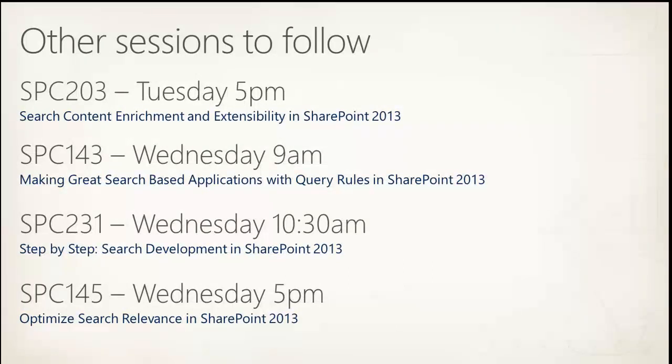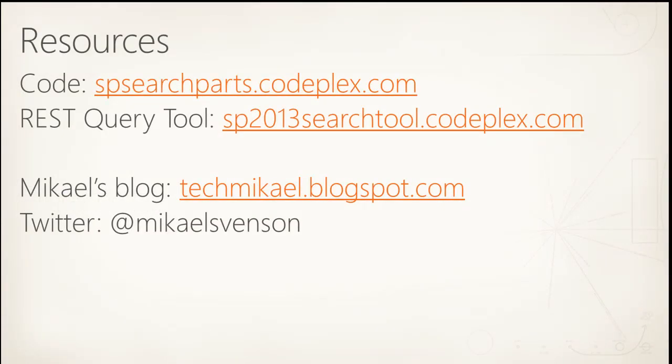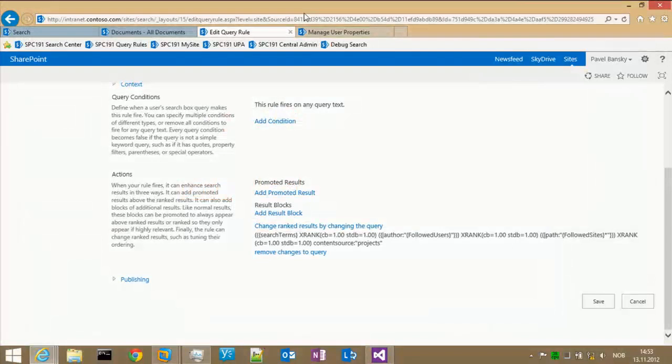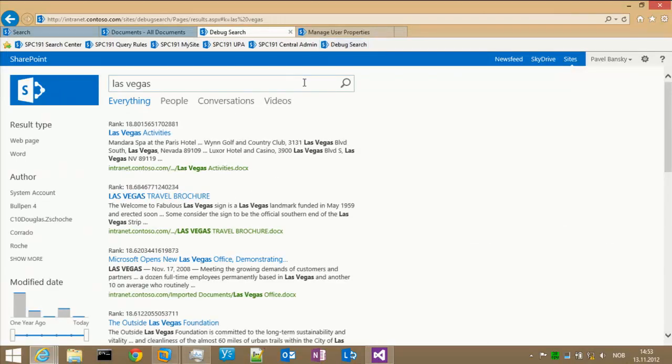For the search results page, is there any way to render the actual relevance results? How do you do that? Yes, I'll show that real quick. I have one called debug search. If you see at the top of each result here, it says rank 18.8, and then you have the different scores.